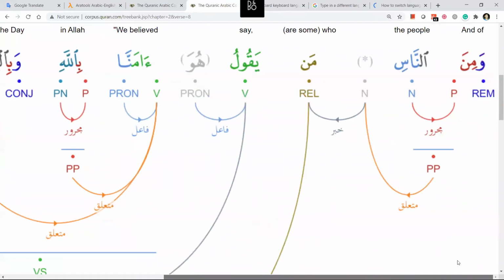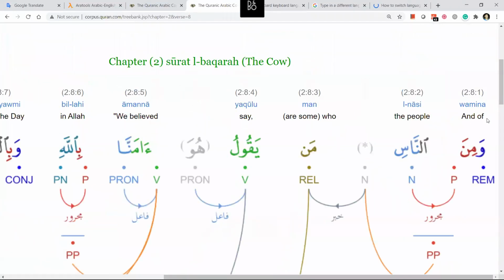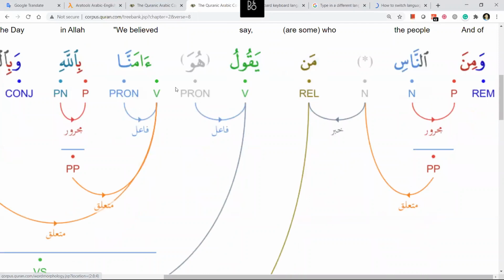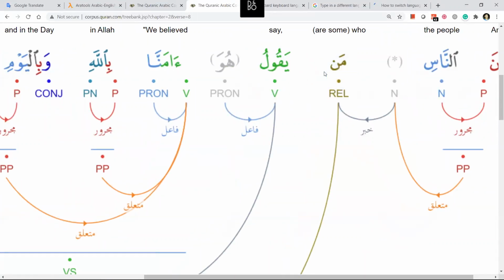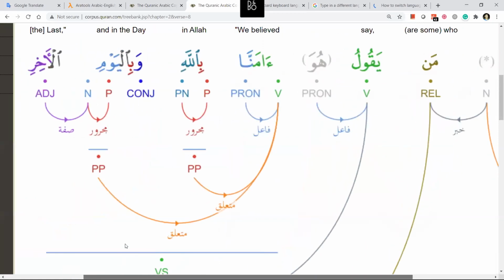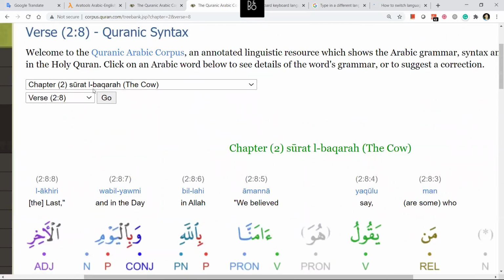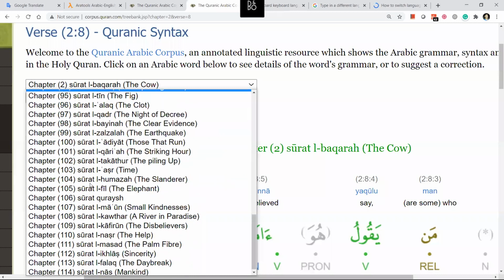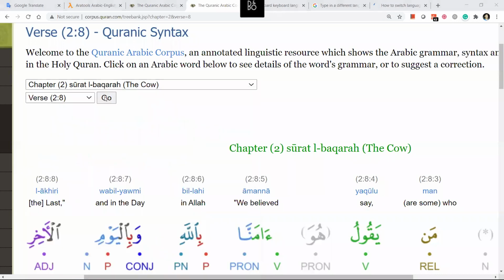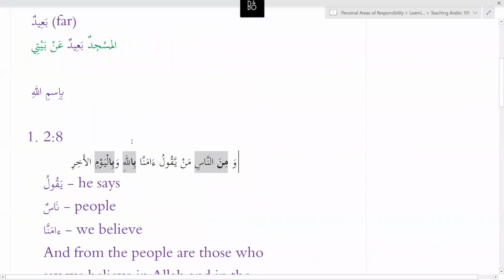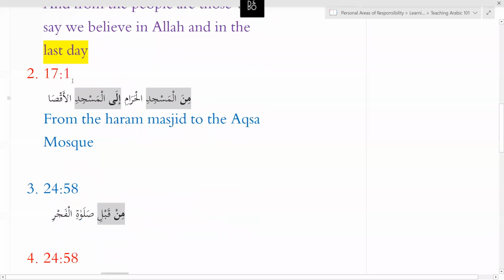Wa minan nasi: min is causing the nasi to be kasra. Man yaqulu, man is also linked. Billahi, amanna, it tells you all of the linkages. It doesn't have 17 yet, but it has all of these other surahs. That would help us confirm if that is an adjective or not. But for now, it looks like an adjective.